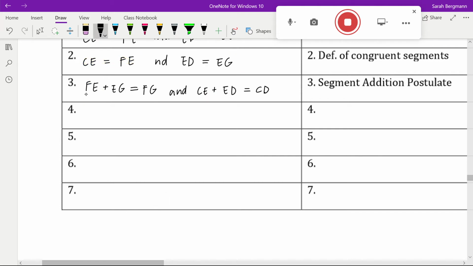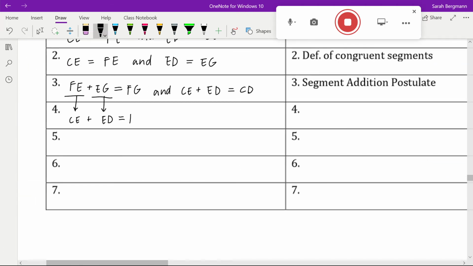I'm just going to work with this first equation. I know that FE is equal to CE. That's what it says in step 2. So I'm going to substitute in CE for FE. In addition, I know that EG is equal to ED. That's what it says in step 2. So I'm going to plug in ED for EG in the equation.